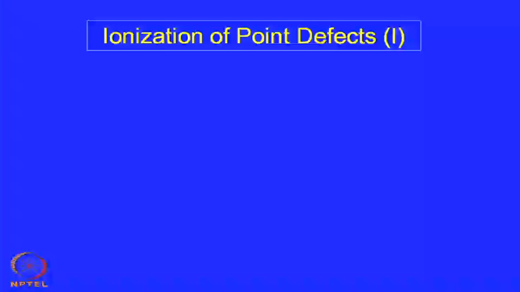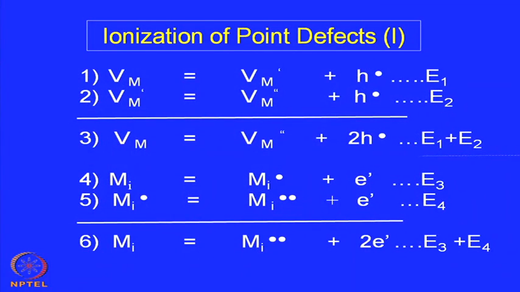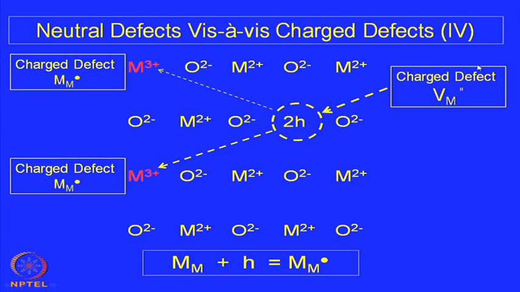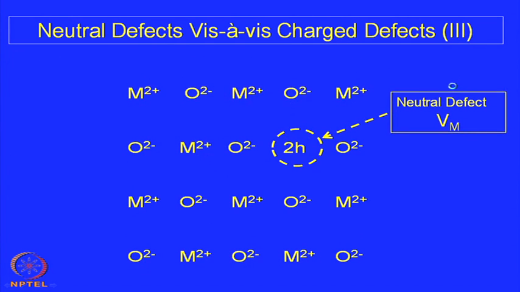So, since we are talking about neutral defects and charge defects, there is a possibility of ionization. So, that is what really happens. There are 4 situations we have discussed, actually 2 different situations, but in the earlier diagram we are talking about either 2 effective negative charges, or 2 effective positive charges, which was earlier in the oxygen vacancy.